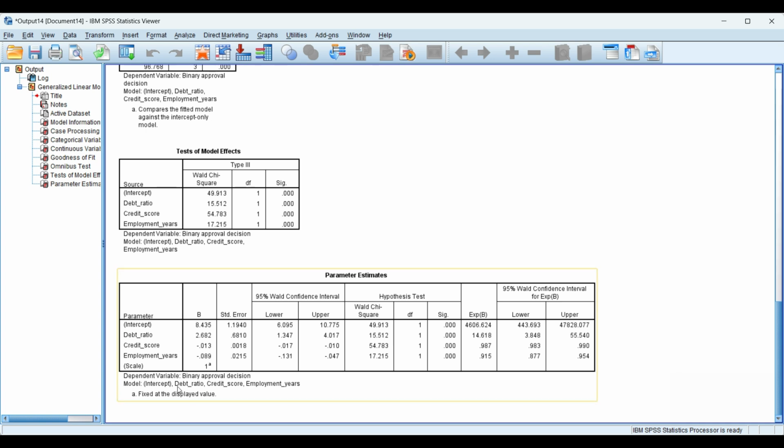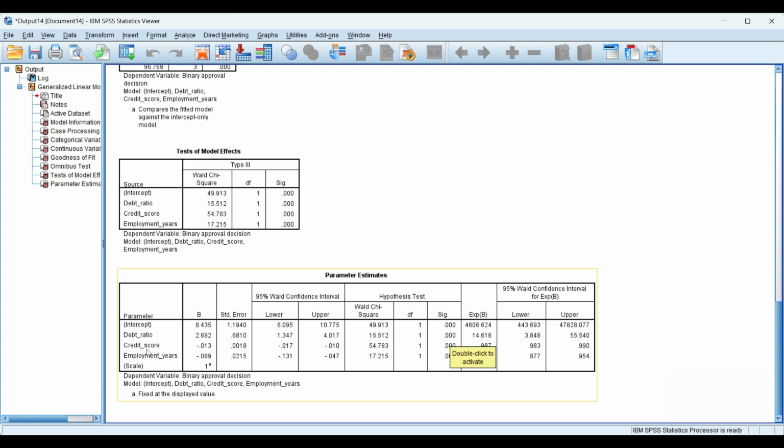On the other hand, if we see the credit score, credit score was also a significant negative predictor of loan approval. Therefore, applicants with higher credit scores had a lower probability of rejection and a greater probability of approval, because the p-value is also less than 0.05.